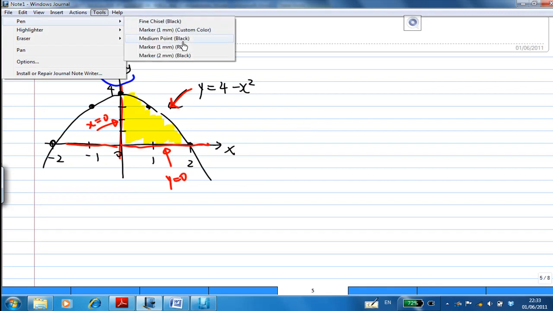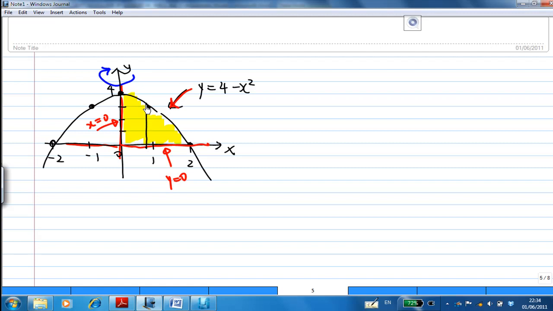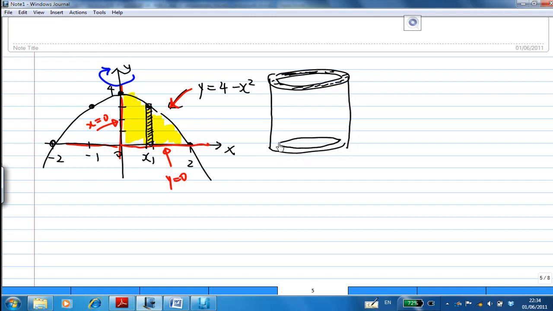Slide this vertically at the point x here, and this slide will be rotated about the y-axis, and it will generate a very thin shell when you rotate about the y-axis. So you get a thin shell like this. And what we're going to do is find out the volume of this thin shell.